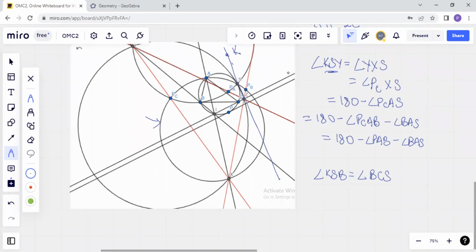So we want that angle KSY plus angle YSB is equal to angle BCS.